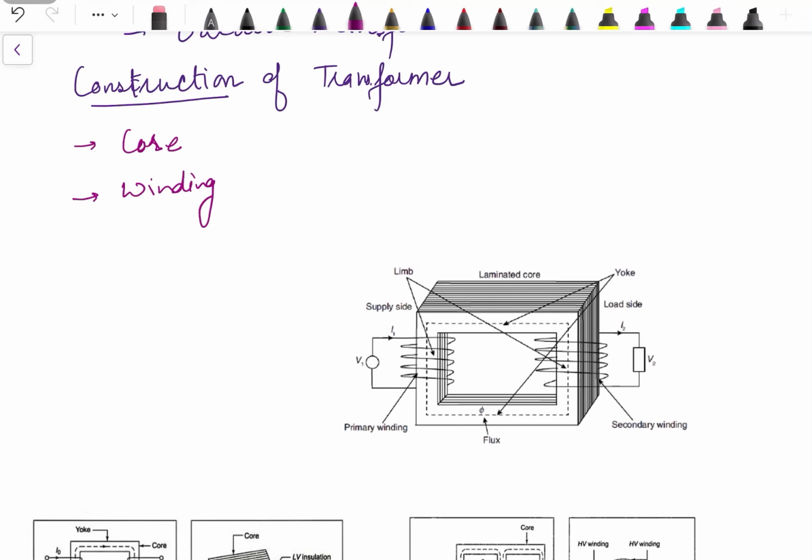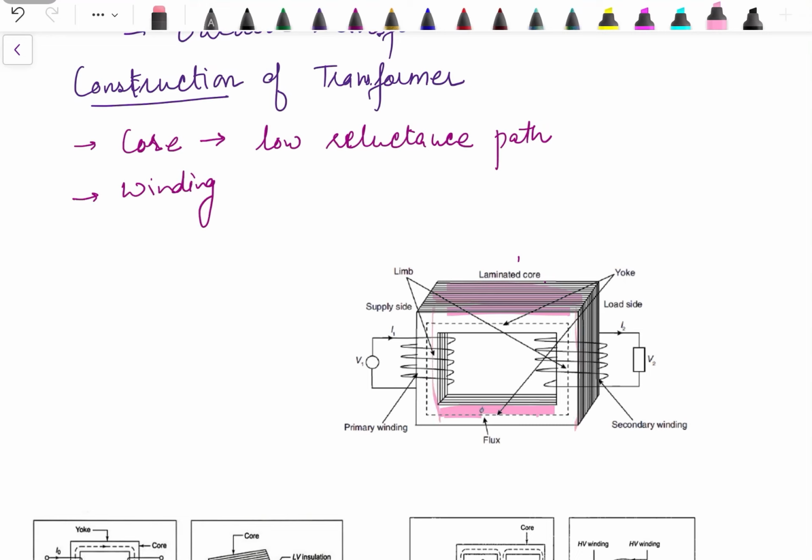Now this transformer core is made up of a magnetic material which will provide a low reluctance path for the flow of flux. And if you see over here, this is the core. This is a laminated core.